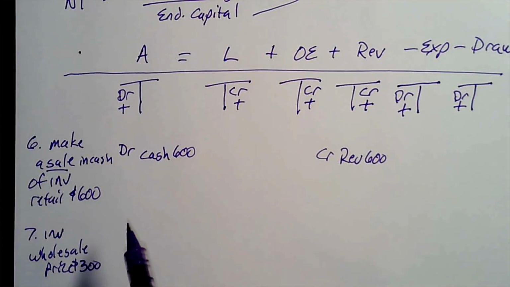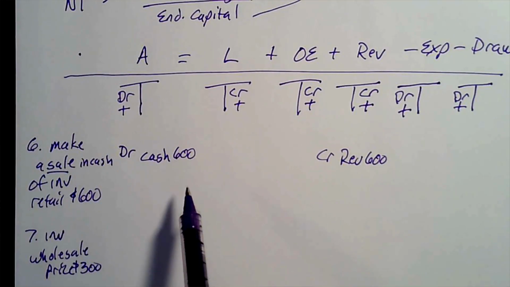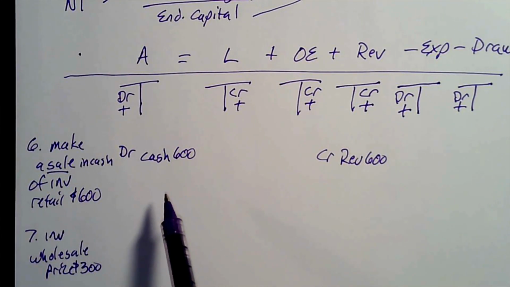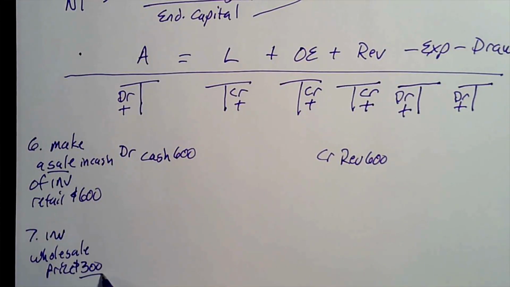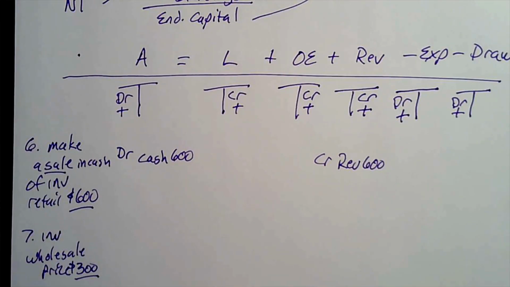Well, maybe they know, but the point is we don't record the sale as a sale of a $600 item, because then if we sold a $600 item for $600, there'd be no profit. What we did was buy something for $300 and sell it for $600, and our profit is going to be the difference of that.